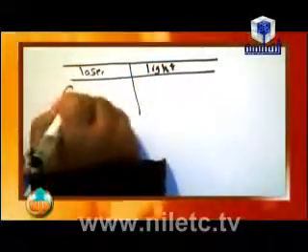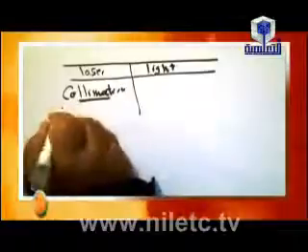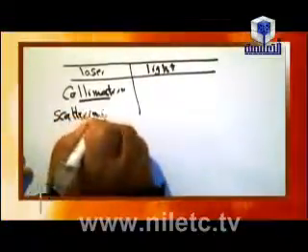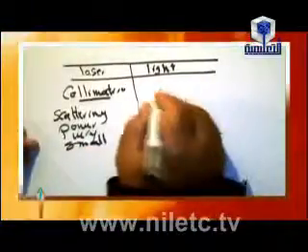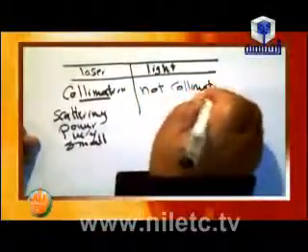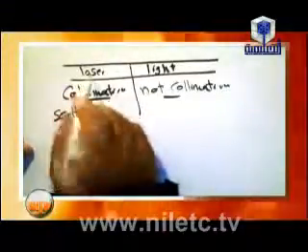Laser has collimation. It means its scattering power is very small, so it makes a small radius, but light is not collimated.